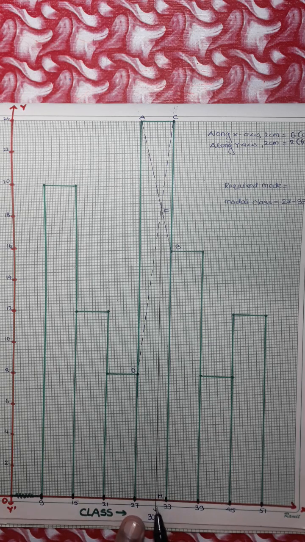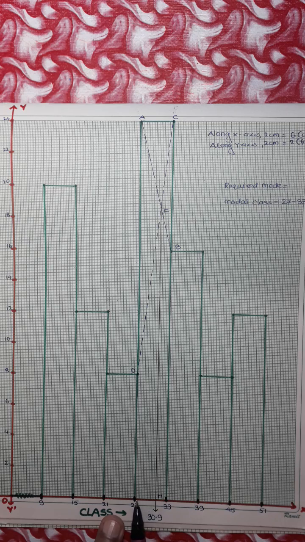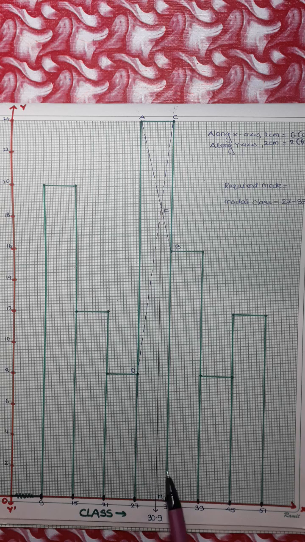Now here what you have to do is find the value of this. We know that 27 to 33 is how much? It is 6. 33 minus 27 is equal to 6. Number of small squares is how much? It is 20. So we divide 6 by 20, and then you can check on which line this perpendicular line is lying. If you count this, you'll get it is coming at 13.